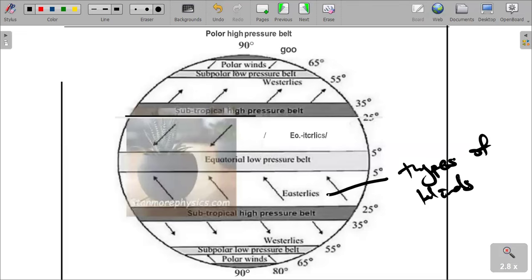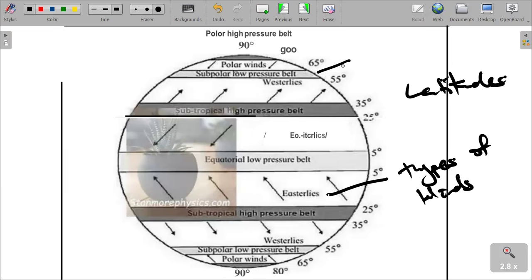Before we go to answer this question, I have already previously given you the latitudes. You need also to know the latitudes to say that at 65 to 90 or 65 and above latitudes, we have the polar winds, and then we also have the subpolar low pressure belt, which is between 55 to 60.